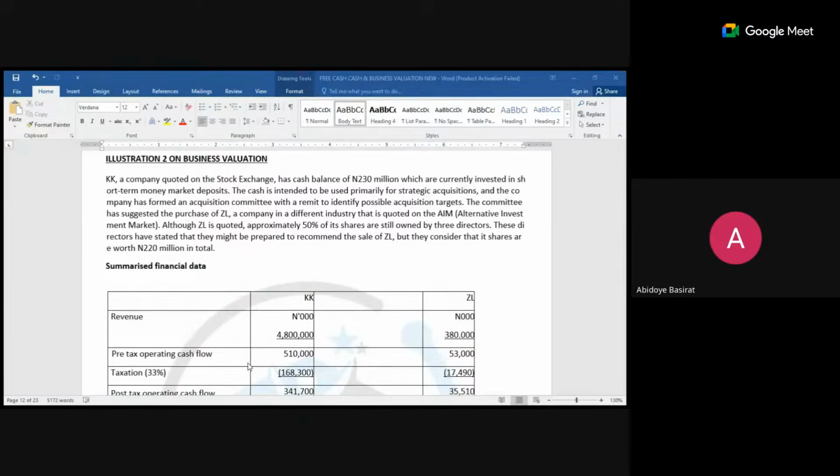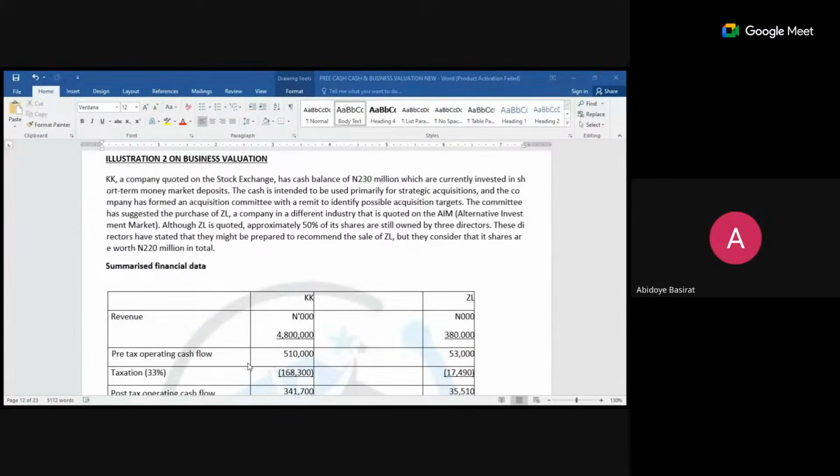For the dividend yield method, there's one without growth and one with growth. The one without growth is like the normal way we get cost of equity: cost of equity is equal to dividend divided by market value, so we cross multiply and look for the market value.